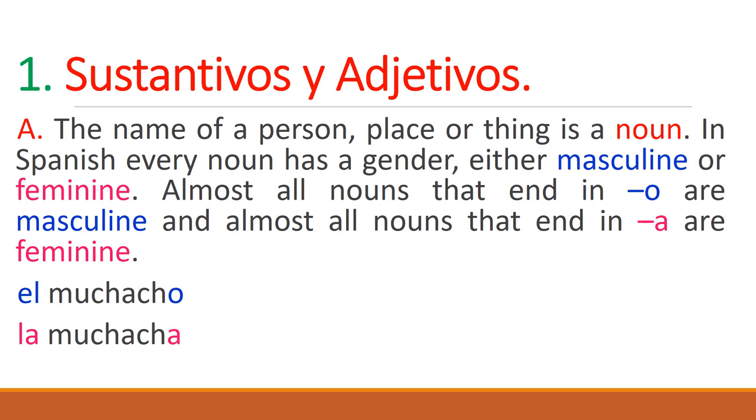All the nouns that end with an O are considered masculine. And almost all the nouns that end with an A are considered feminine. And you have an example right here. El muchacho, la muchacha. Now remember this keyword, almost.